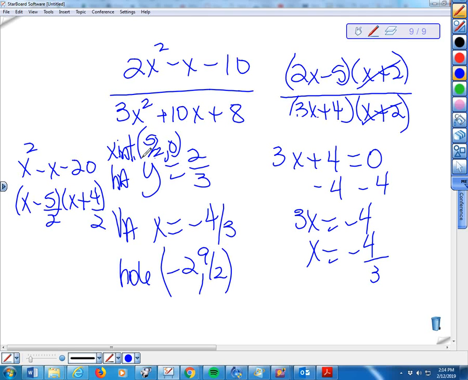We'll just focus on horizontal and vertical today. We'll talk about obliques tomorrow, and then Thursday put it all together and actually graph from all of these. But for now, you're just trying to find each one of these items.